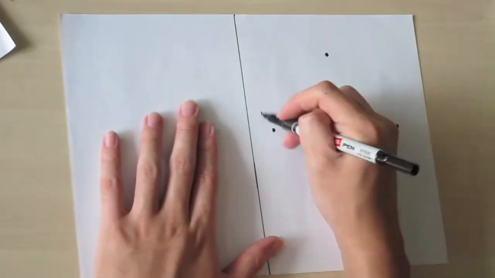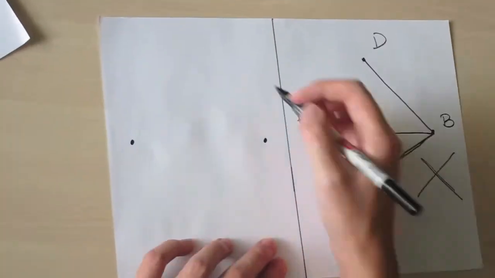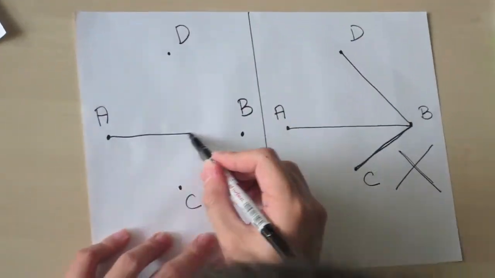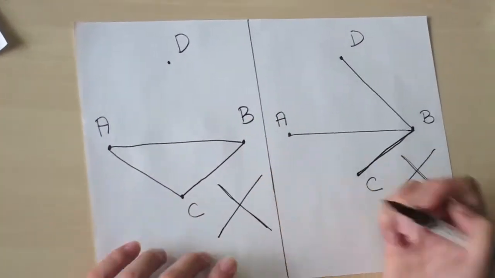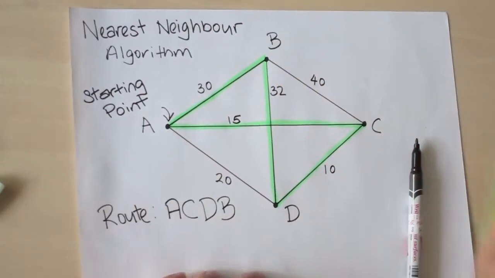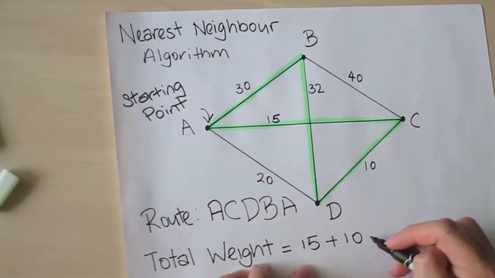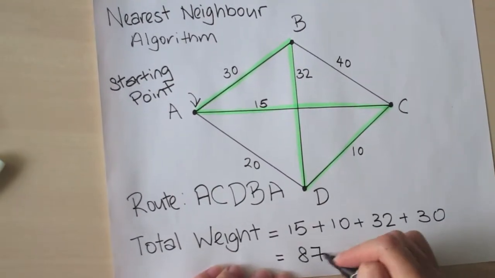We do not visit a vertex that has already been visited. We do not close the circuit until the last vertex has been visited. From the last vertex, return to the start node to close the circuit. We then add up all the weights to look at our result.